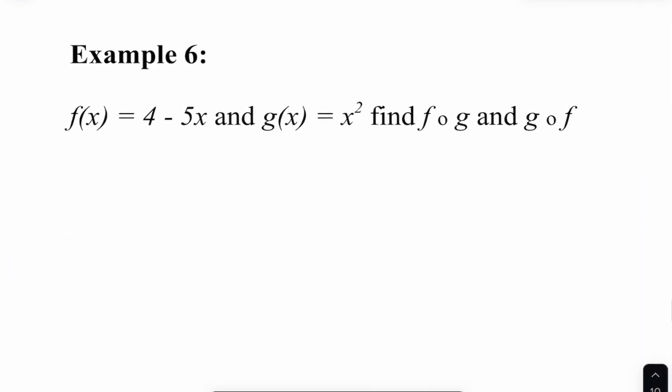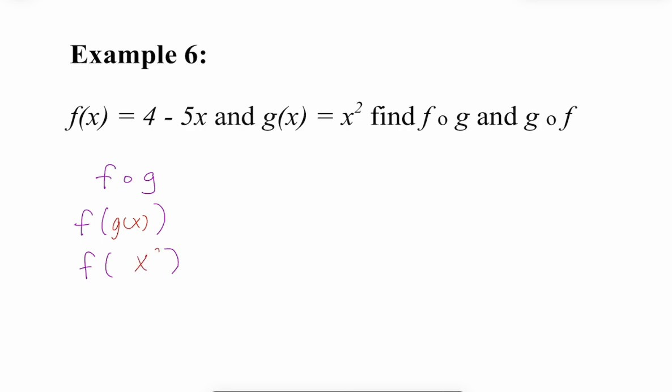So let's take a look at an example, and let's take a look at how we can find f of g of x and g of f. If we want to find f of g of x, we're going to take the f function and plug in g of x. So I would work from the inside out. I would even completely ignore that the f is sitting there, and I would ask myself, what is g of x?